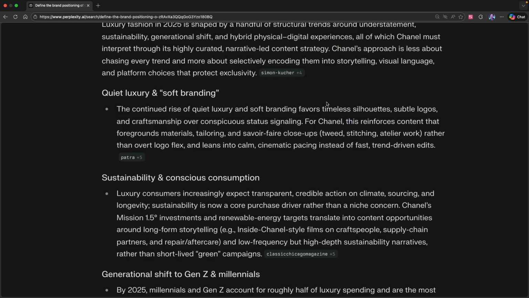Instead of showing a logo, show the stitching. Show the thread fabric. The AIs call this soft branding. Your content should whisper quality, not shout status.